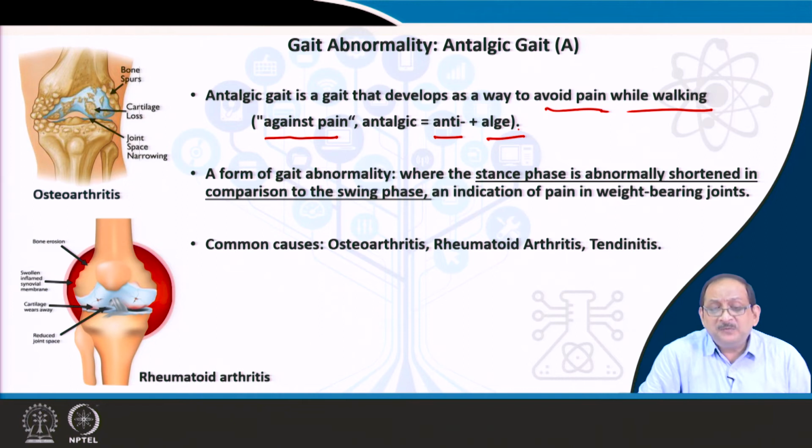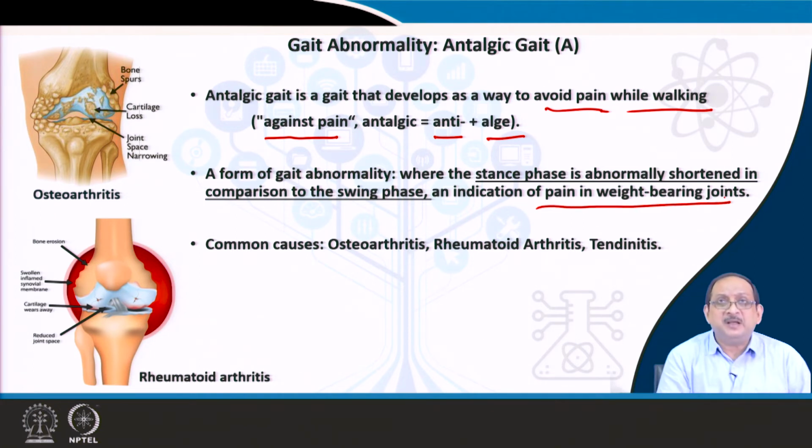So, a form of this gait abnormality is where the stance phase is abnormally shortened in comparison to the swing phase, which indicates pain in the weight bearing joints.